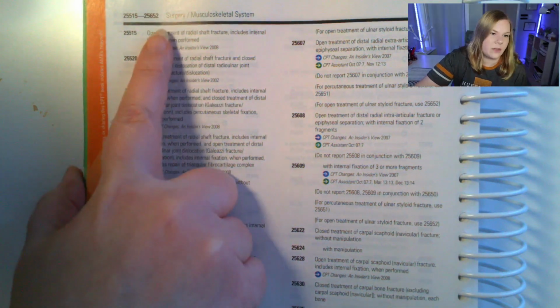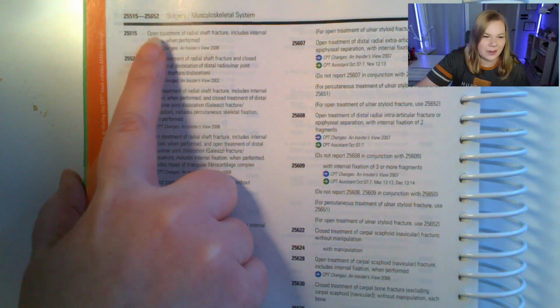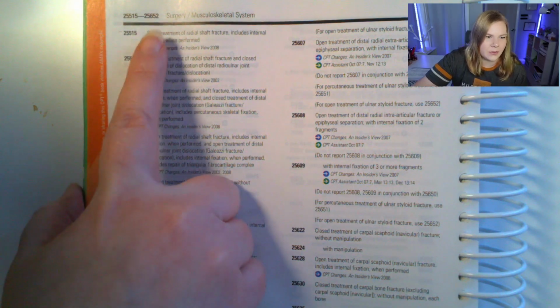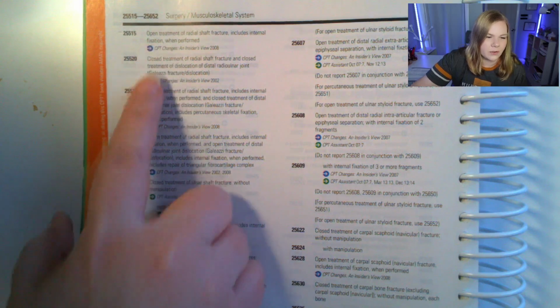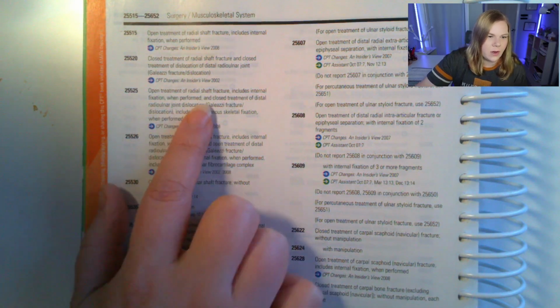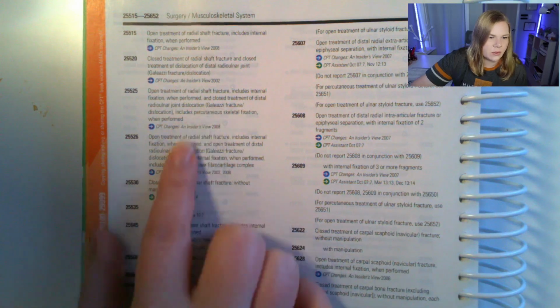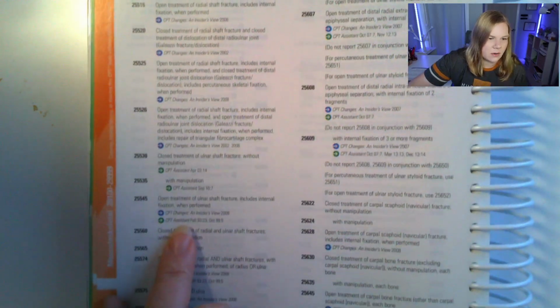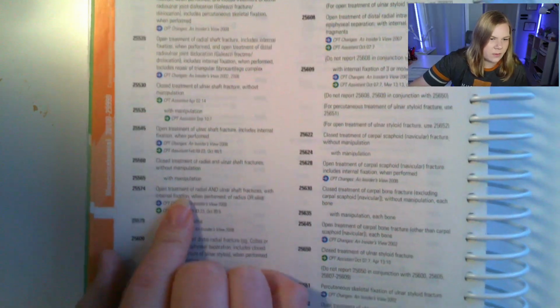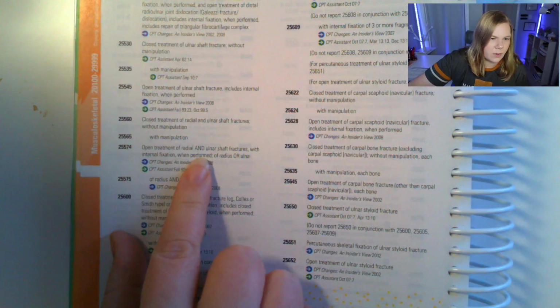If you're marking your CPT book, which this one is my new book, I haven't marked anything in it yet, highlighting in different colors or notating the open versus closed can help you code a little bit faster when you're picking out those codes. So open treatment, radial shaft includes fixation. I think I saw down here, open treatment of ulnar shaft. And then if we keep going, open treatment of, here we go.